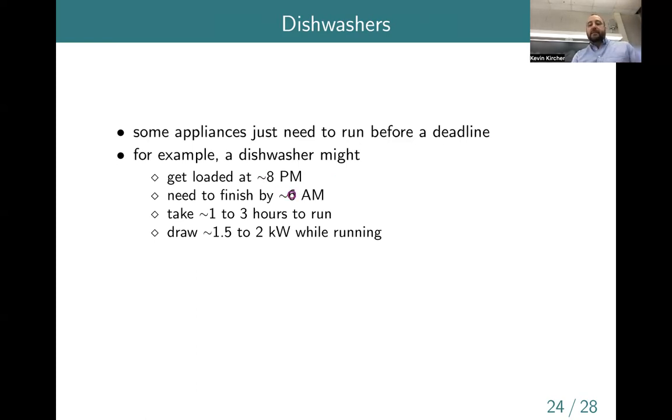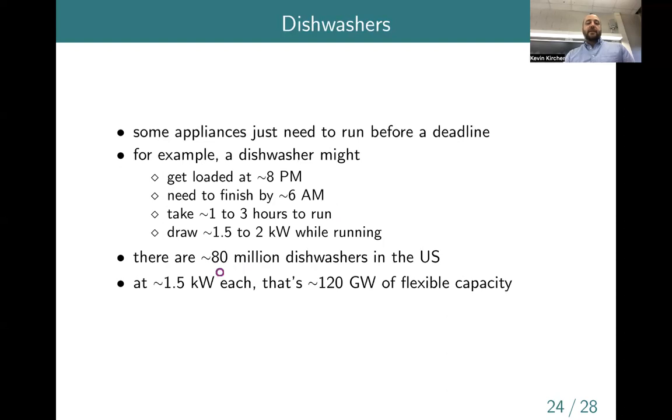That gives you about 10 hours of flexibility in terms of when you run the thing. Different dishwashers take longer or shorter to run, but on the order of 2, maybe 1 to 3 hours is typical. And they might draw somewhere between 1 and 2 kilowatts when they're running. Running the numbers here, there are about 80 million dishwashers roughly in the US.